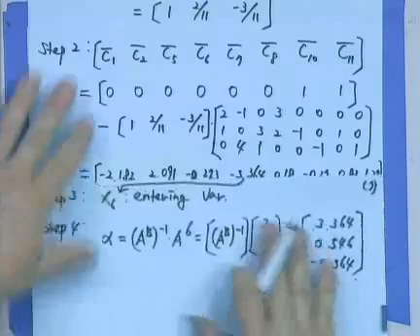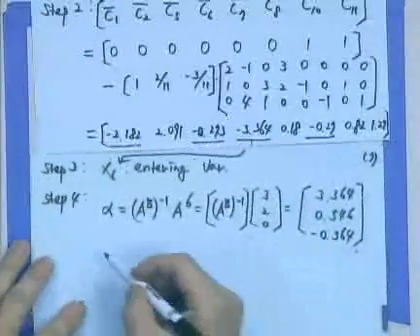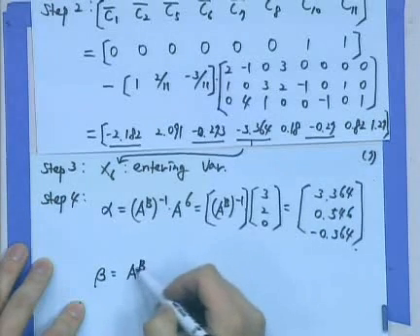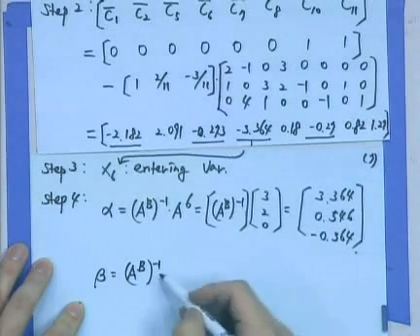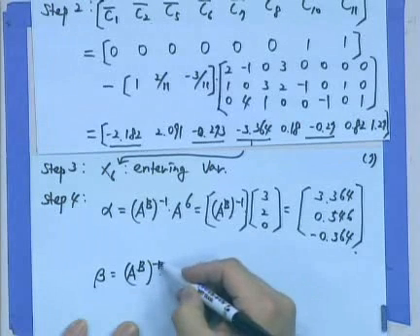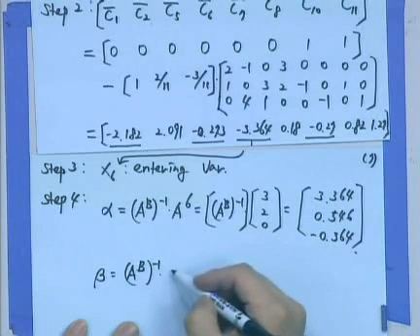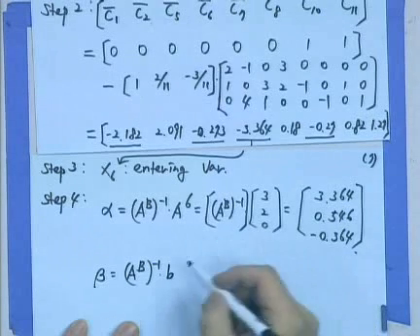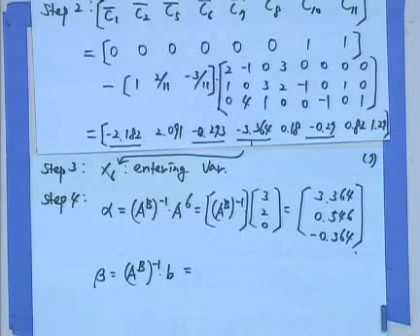And the right-hand side values of the current table can be obtained by beta, which is obtained by the basis inverse matrix times the right-hand side value from the original table, right?